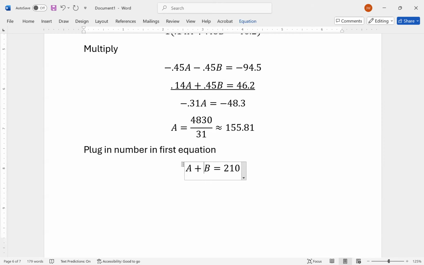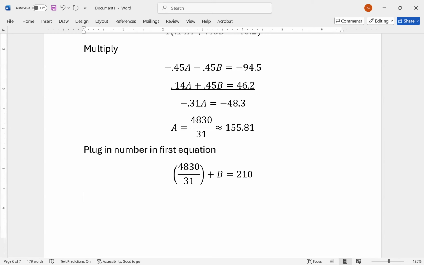A, now we know, is this 4830 divided by 31. And so all you'd have to do is subtract that number from both sides of the equation.